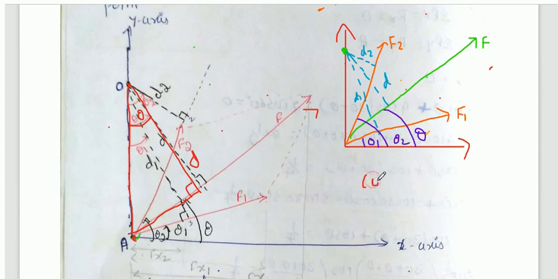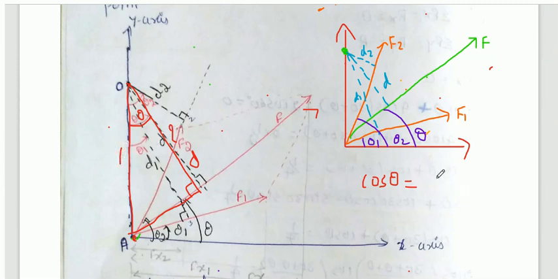What is cos theta from that triangle? This is 90 degrees, this is theta. Cos theta is adjacent by hypotenuse. Adjacent means this side, right? Hypotenuse is this side.